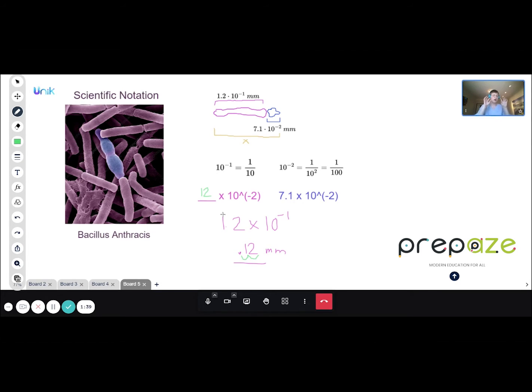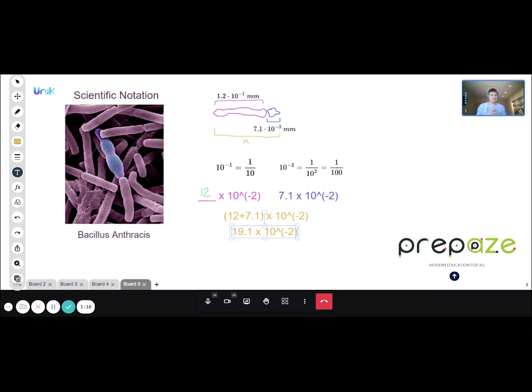Once we have our scientific notation being raised to the same power, we can add our first pieces together. So we're going to add what is the equivalent of our numerators in this scenario. 12 plus 7.1 gives us the value of 19.1, still multiplied by 10 to the negative second, maintaining that same denominator, just like when we add or subtract fractions.